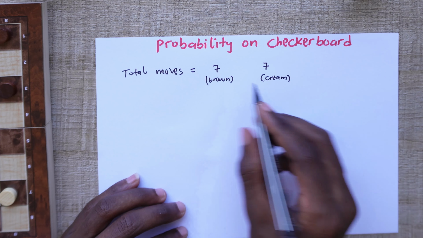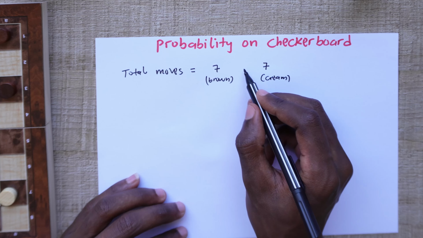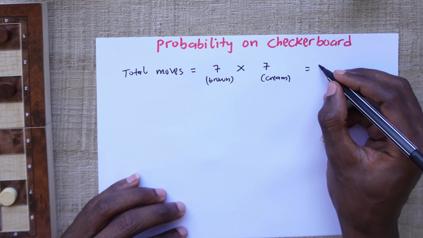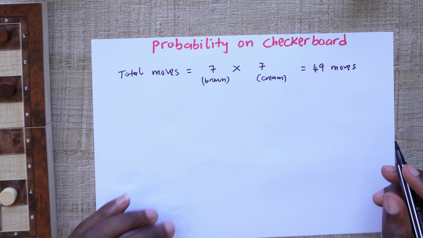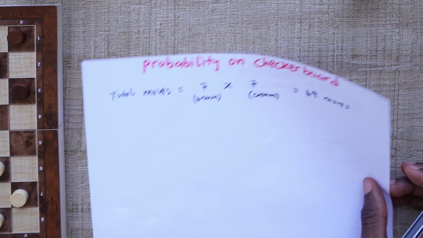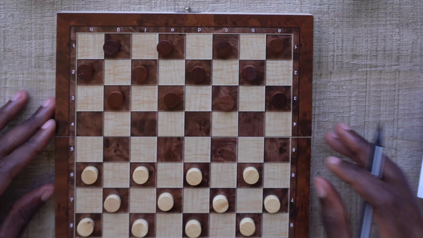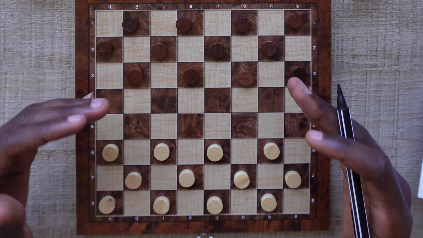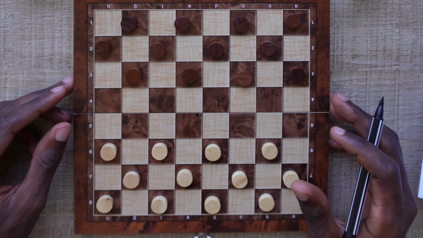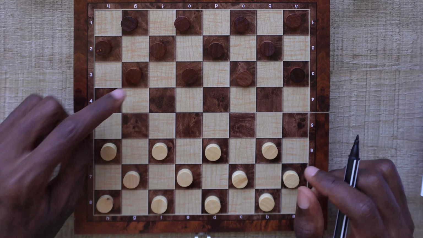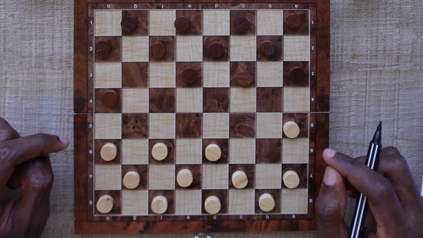And since those 7 moves are independent, we have to multiply them and that gives us 49 moves in total that are possible for each set. So there are 49 possible moves, or 49 possible configurations, that we can have after moving a piece of each type.